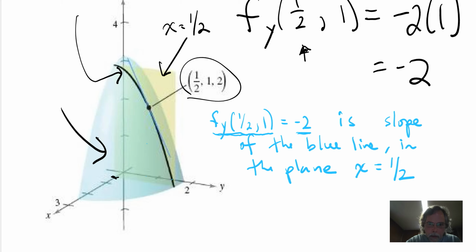So where negative 2 is in the diagram is, you start at the point in question, go down 2 over 1. That's the negative 2 slope.